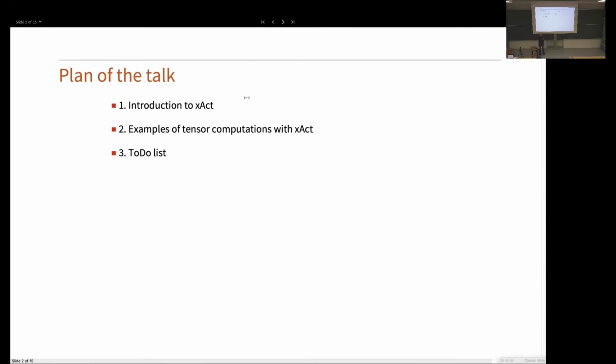I will briefly introduce xAct, explain the status of the project and how to access it, etc. Then I will spend most of the talk showing examples of use so that you get a feeling of what you can do with it and how to use it. And then at the end, I will show just a list of things that are still not there and that people have requested and will be implemented at some point.